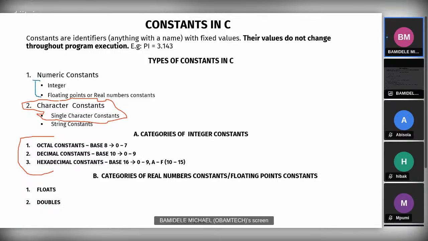Then for character constant, we have the single character and then the string character. And the floating point has two categories: the float and double.